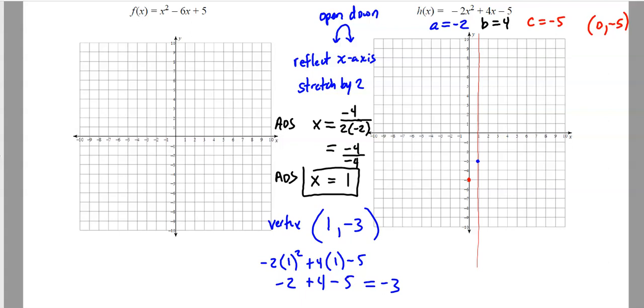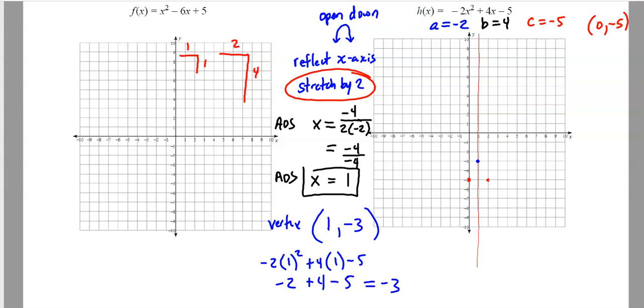I have my y-intercept. I could reflect that point if I wanted to across the line of symmetry, and that gives me another one. And that kind of jives because remember right here where it said it was stretched by 2? Well, that means that normally, if we're going down, normally it's 1, 1, and it's 2, 4.